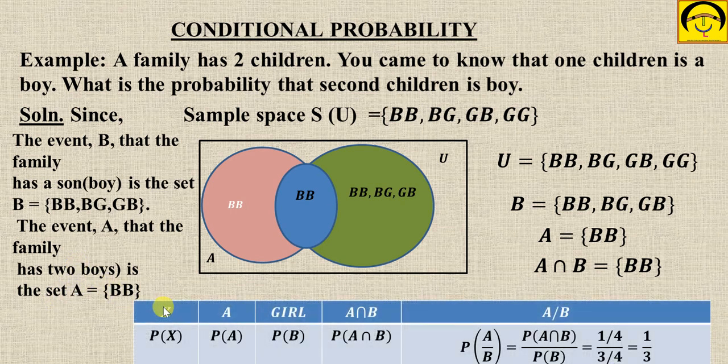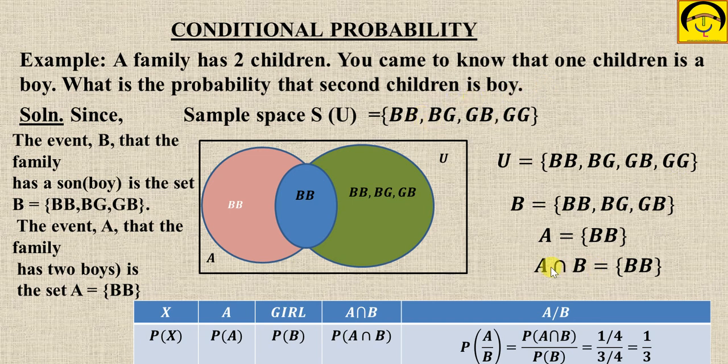So according to your formula, P(A|B) is P(A ∩ B) divided by P(B). How many elements are in A ∩ B? That is only one element, and the total number of cases is 4.